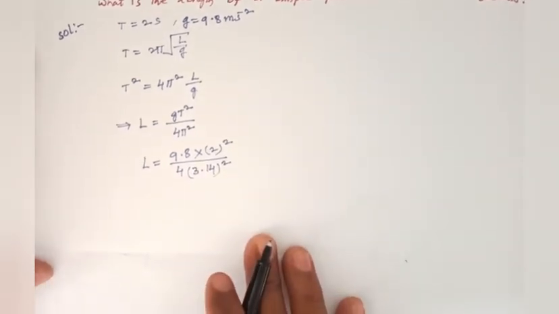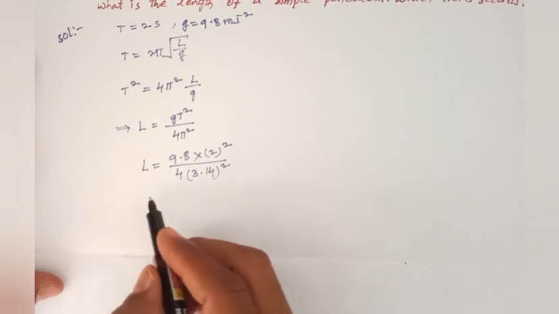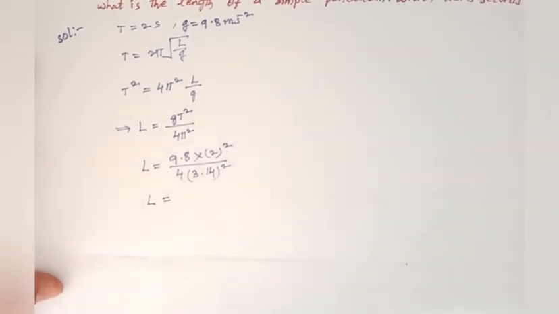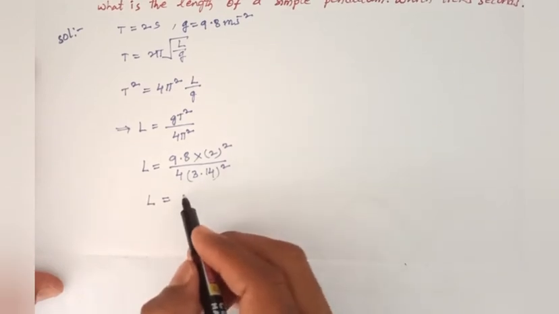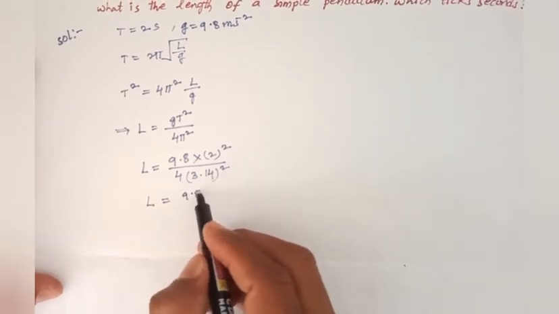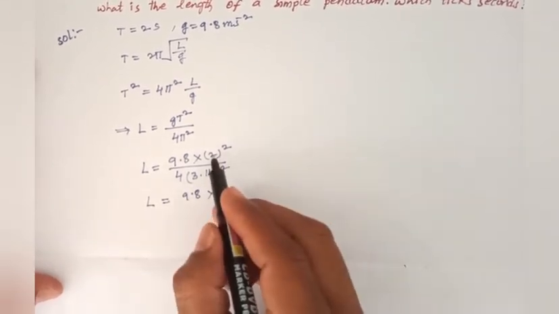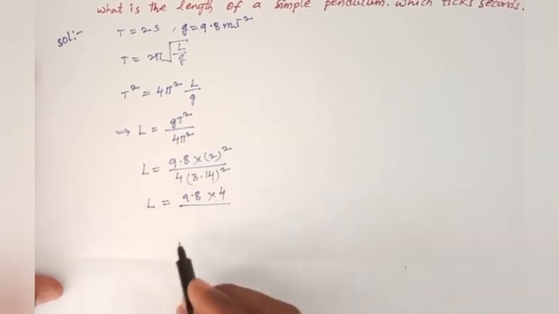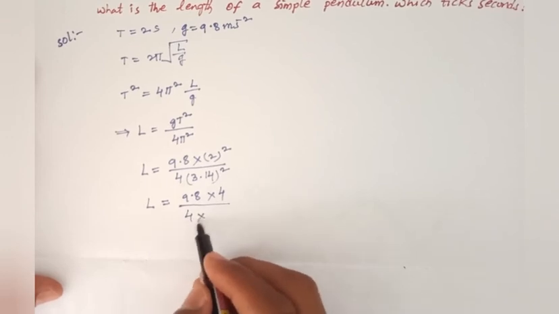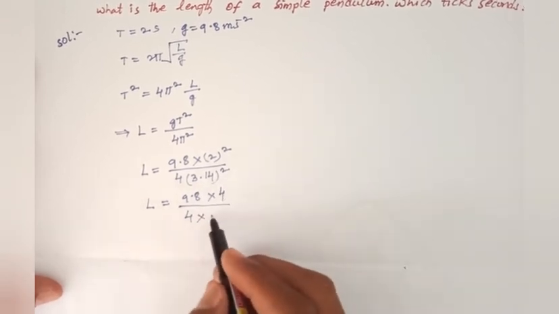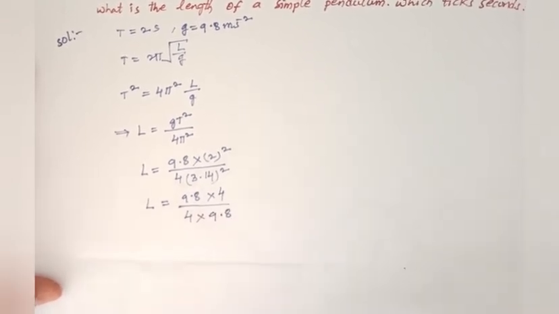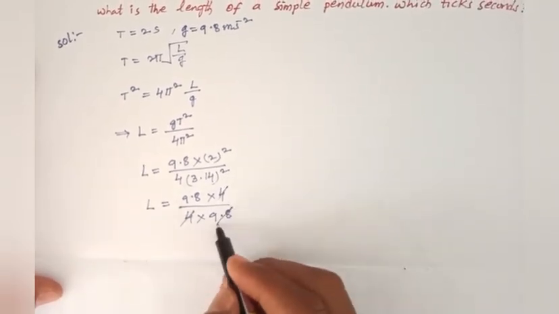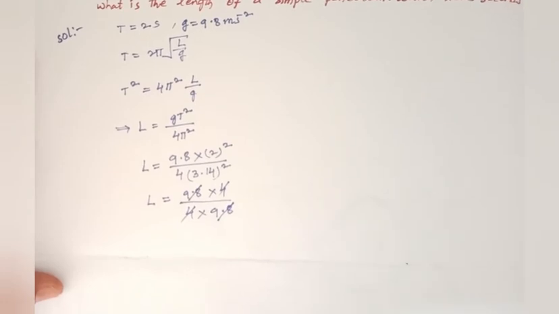So L equals 9.8 into 4 divided by 4 into 9.8. The 4 and 4 get cancelled, and 9.8 and 9.8 get cancelled.